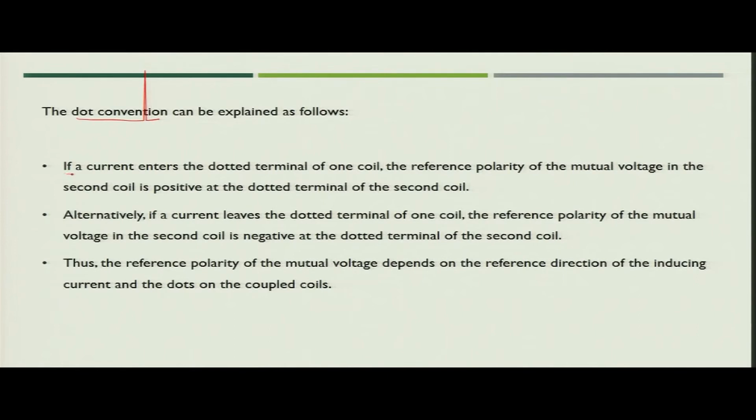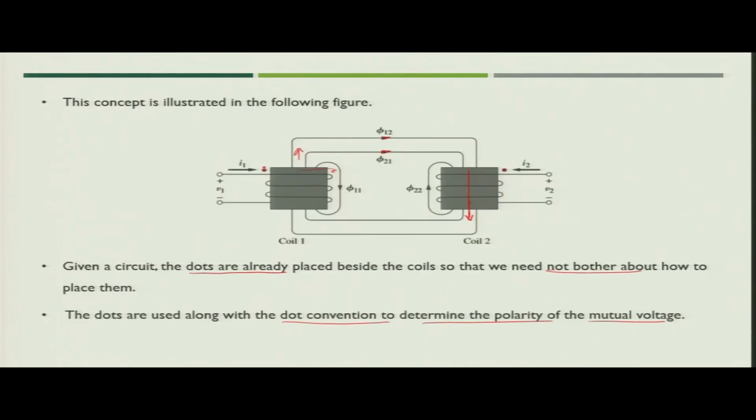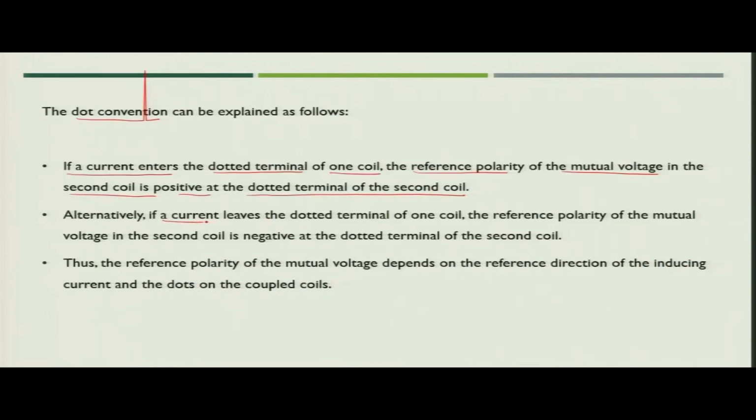If a current enters the dotted terminal of one coil, the reference polarity of the mutual voltage in the second coil is positive at the dotted terminal of the second coil. So if current is entering here, the mutual voltage will have positive polarity at the dotted terminal. Now, if the current leaves the dotted terminal of one coil, the reference polarity of the mutual voltage in the second coil is negative at the dotted terminal of the coil.